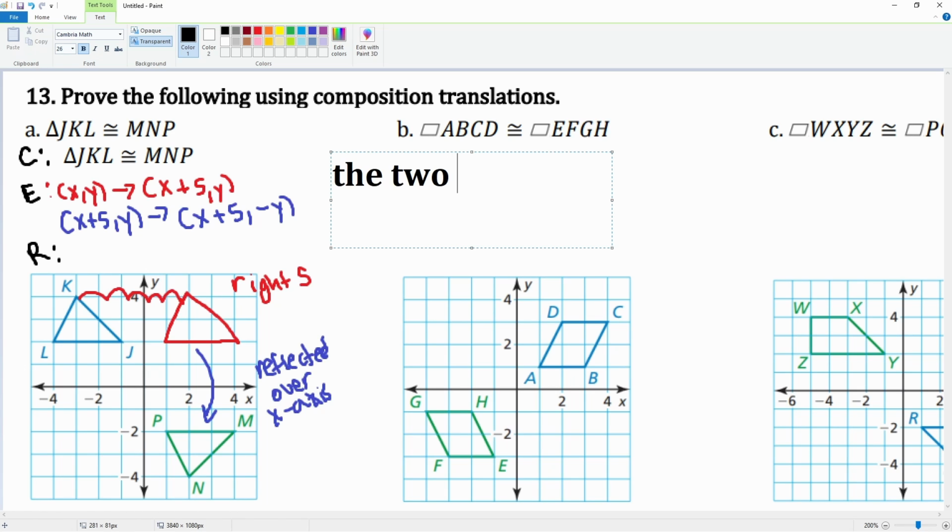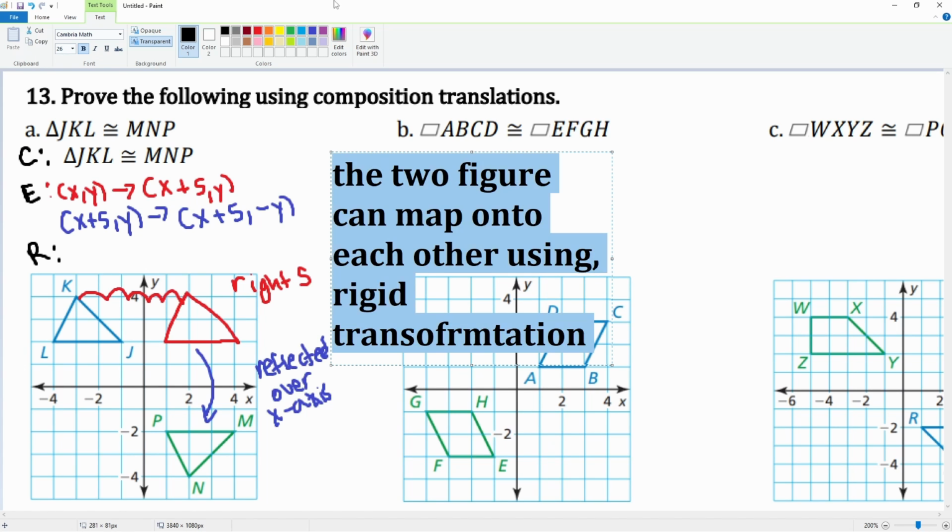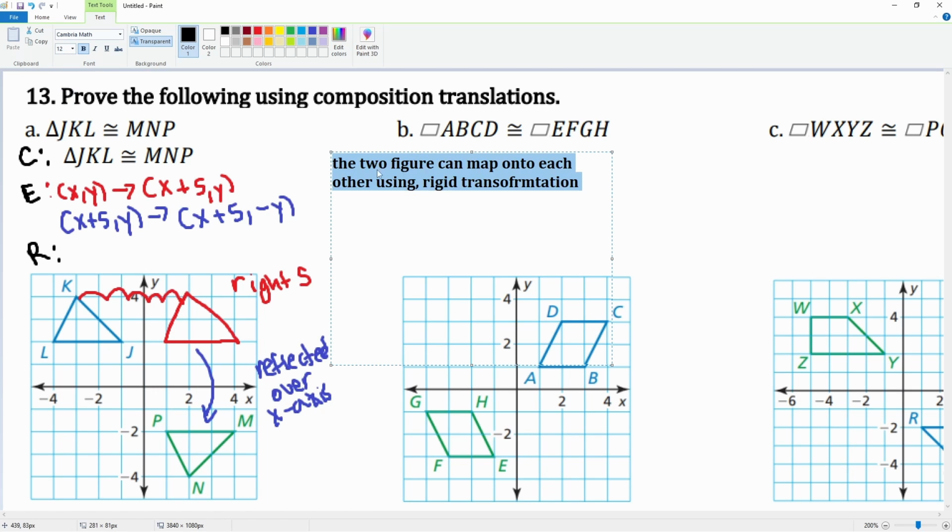The two figures can map onto each other using only rigid transformations.